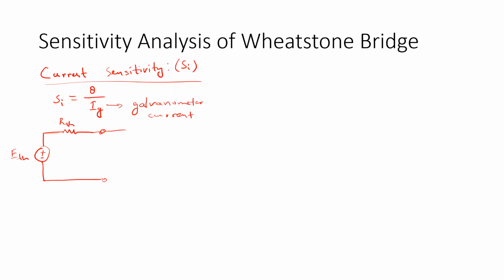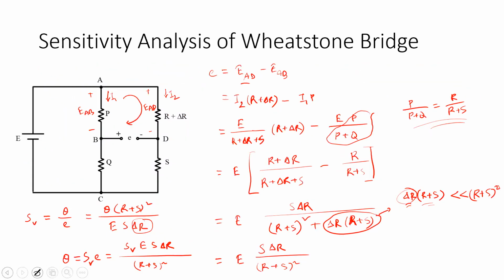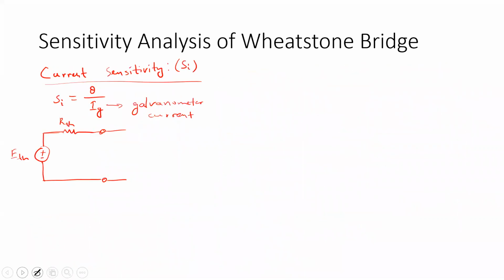So in this case, as we are focused on determining the Thevenin voltage and Thevenin resistance across these two terminals of the galvanometer, we can say that our load in this case will be the galvanometer, and we are also going to consider the internal resistance present in the galvanometer.